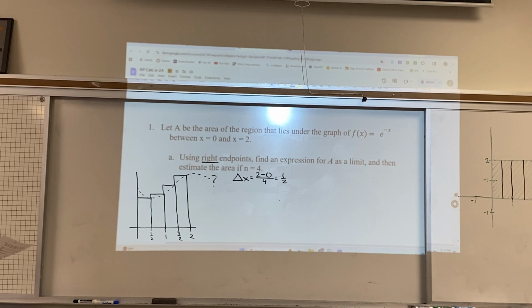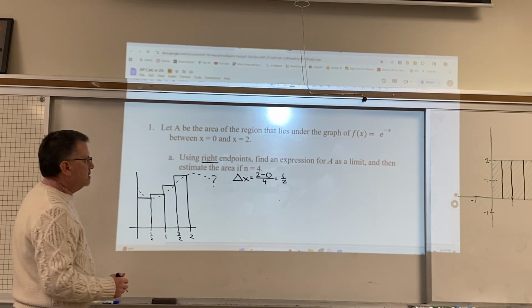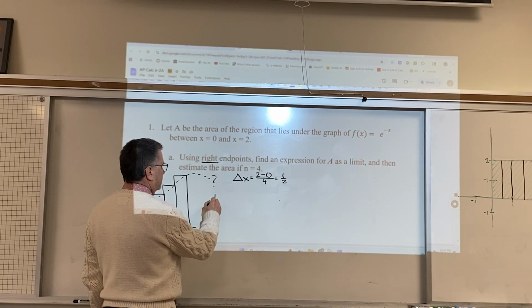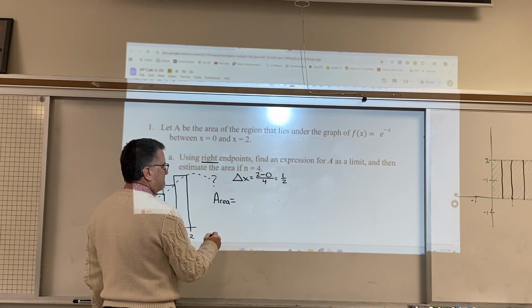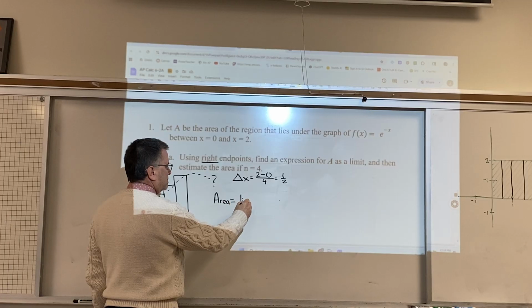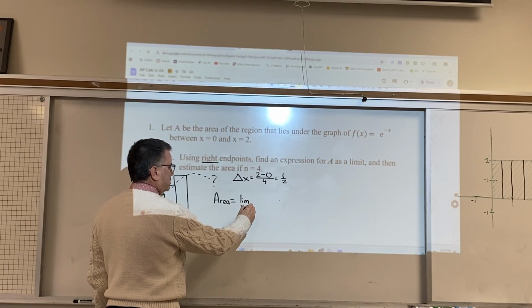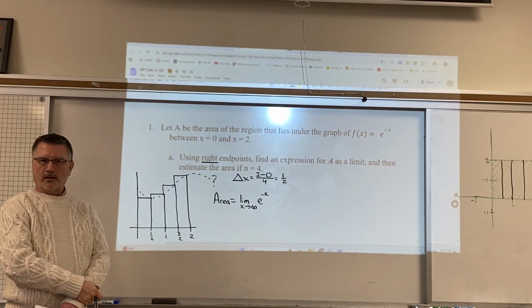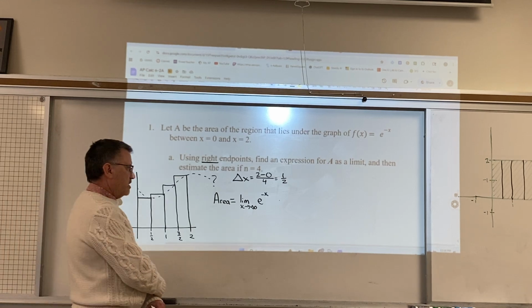Okay, so the question was, using the right endpoints, find an expression for the area as a limit, and then figure out what it might be. Okay, so find an expression for the area equals the limit as x approaches infinity of e to the minus x, and we're using right endpoints.